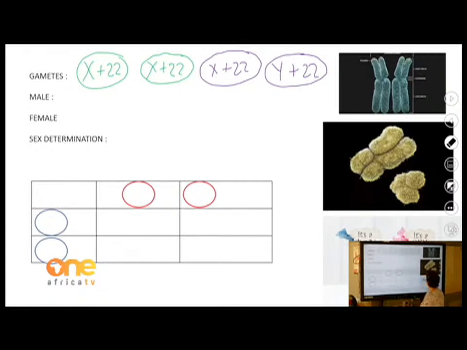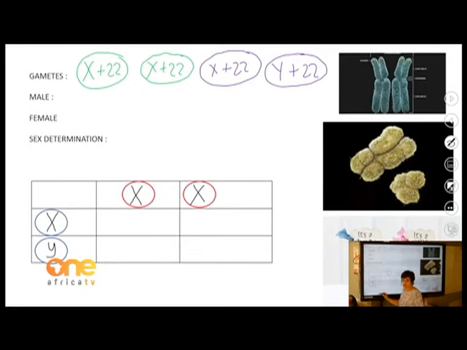So will I have a boy or a girl? With each pregnancy, what is the possibility? The female will have X or X. For gender determination, the female has only an X. The male has an X and a Y. So who is going to determine the gender of a baby?